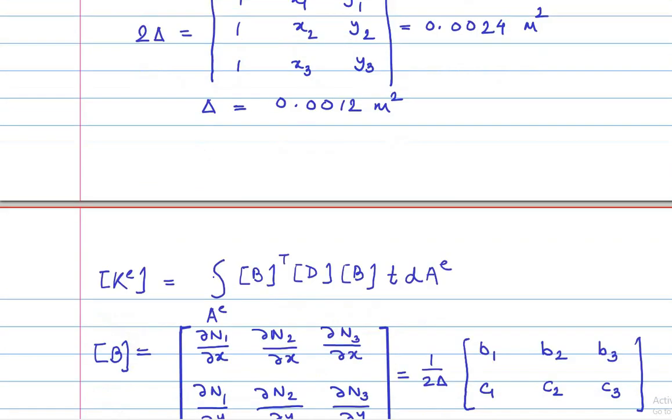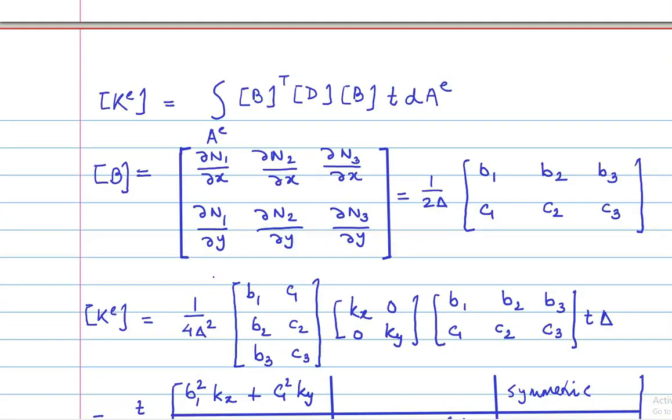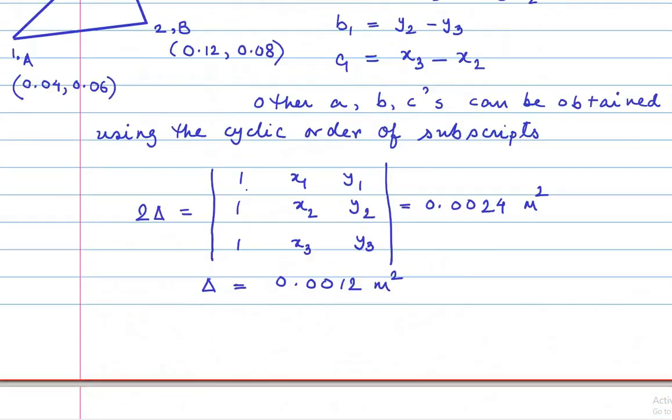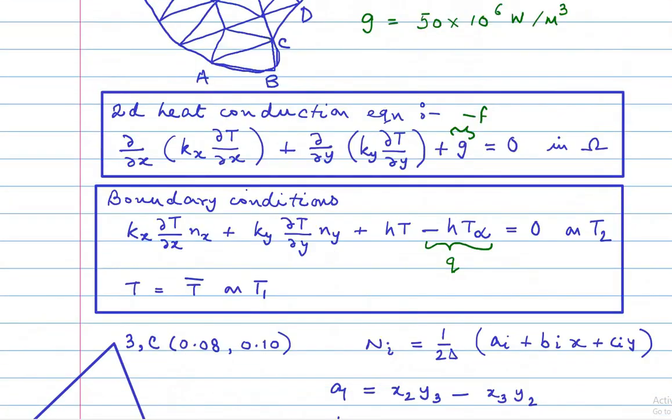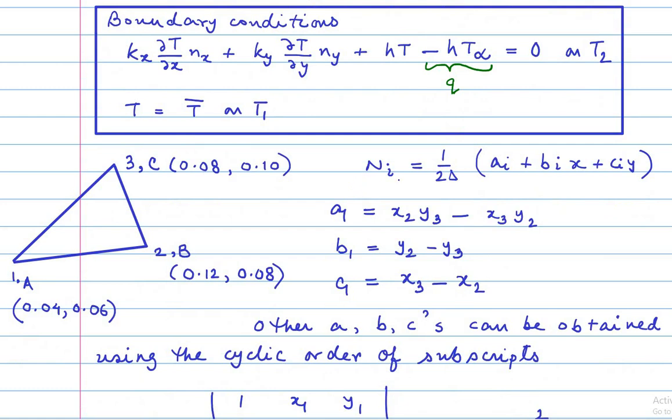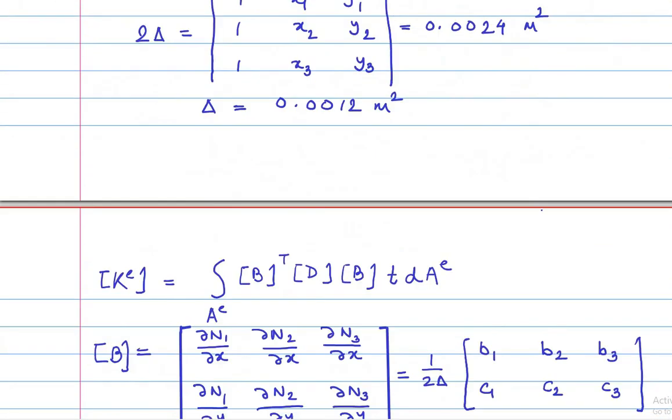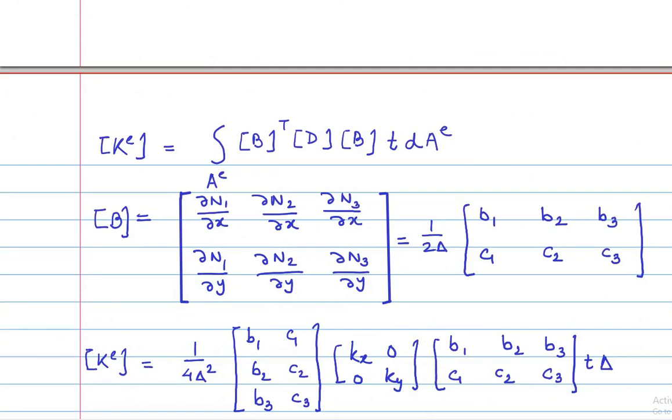Now this is the element stiffness matrix Ke. This is the integral of B transpose D B t dAe, where this is B. If you differentiate this with respect to x and with respect to y, then you get Bi and Ci.